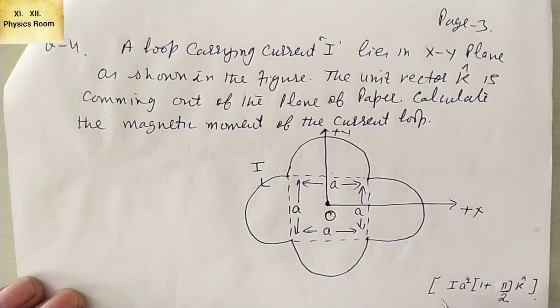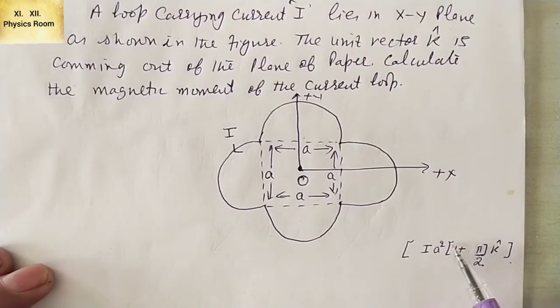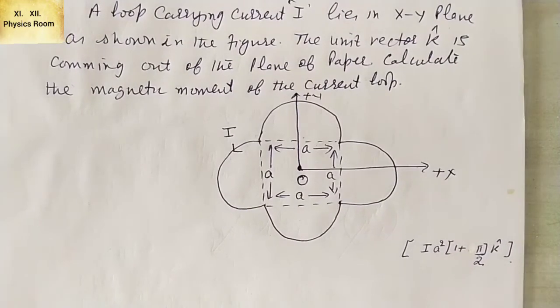The answer would be I a square into 1 plus pi by 2 into k cap. So you have to solve these numerical problems on the basic concepts of the current loop, that is M is equal to I into A, and if the loop consists of n turns, then m will be equal to n I A. Okay, so thank you so much.